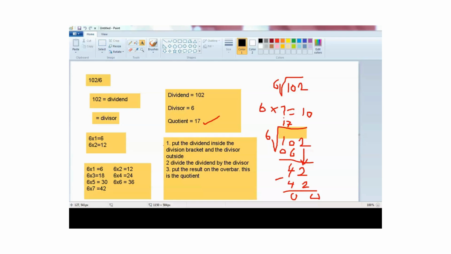So, like we divided 6 into 10, it goes 1 time. So we put 1 here on the overbar. 1 is part of the quotient.